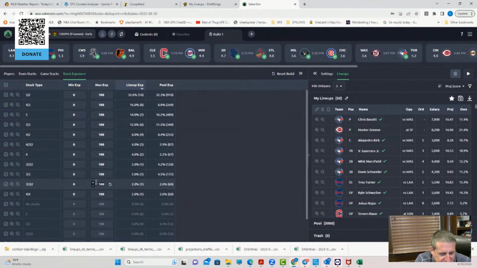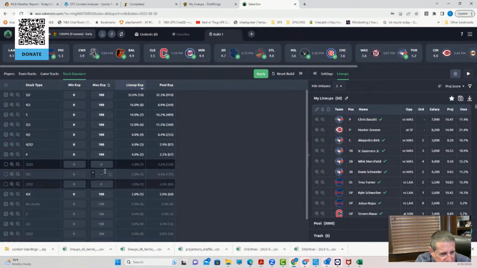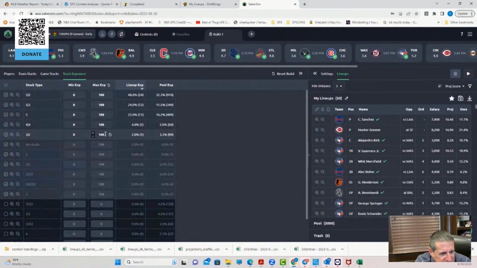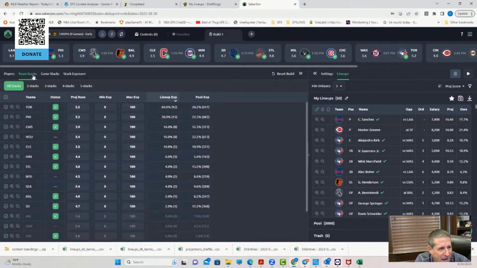So we're going to X out these 3-2s, X out the 3-3s, X out the 3-2-2s, X out the 4-0s, X out the 4-2s, 2-2-2s, and then let's get some. It's kind of interesting to see that this is what they want to do here, is build all this stuff. All right, so now we have mostly 5 and 4 man stacks, and you'll see that we're getting 84% Toronto.